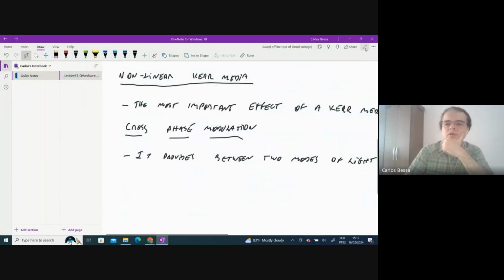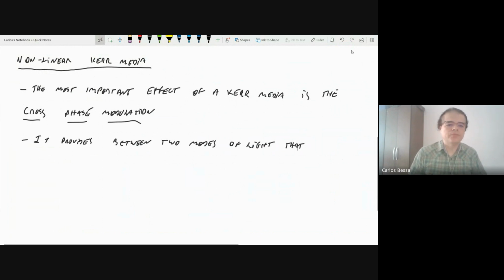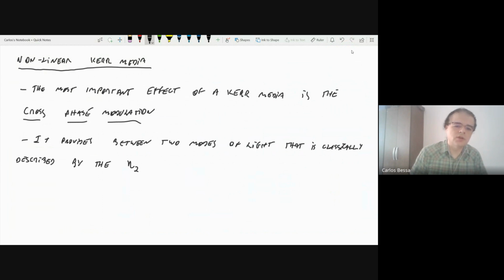Okay, let's return. The cross phase modulation provides between two modes of light an interaction that is classically described by the n2 term in equation 7.19 from the Nielsen and Chuang book.